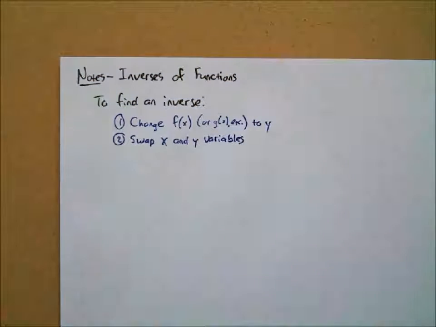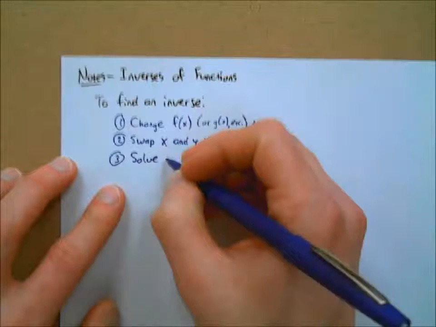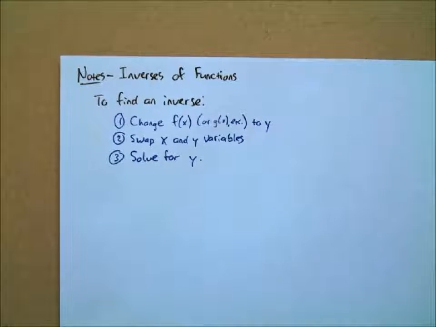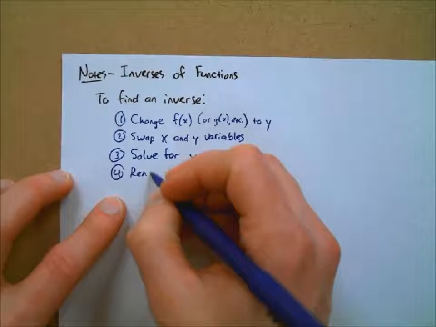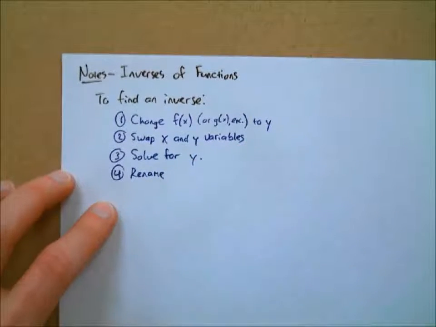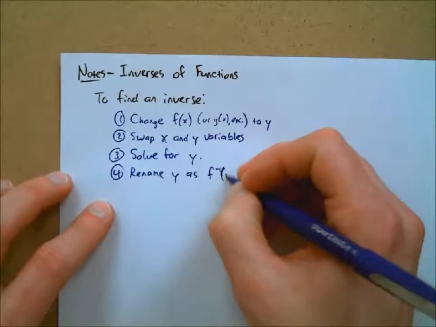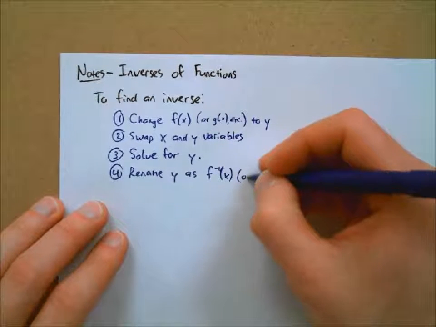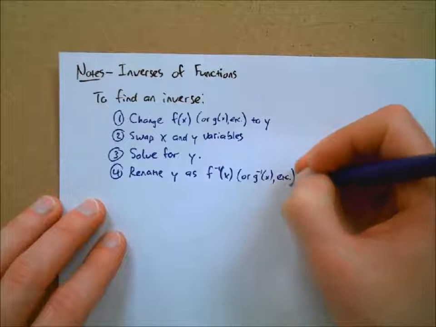And then we'll solve. Once swapping, we'll now solve for y. And then once we've done that, we will rename y as f inverse of x. Or of course, g inverse of x, etc., depending on whatever the previous name was.